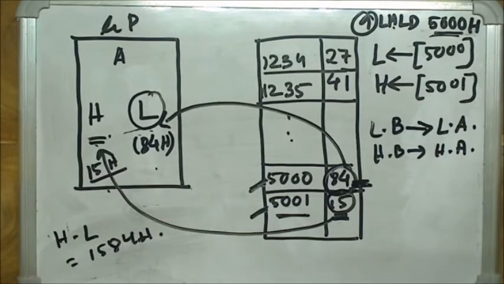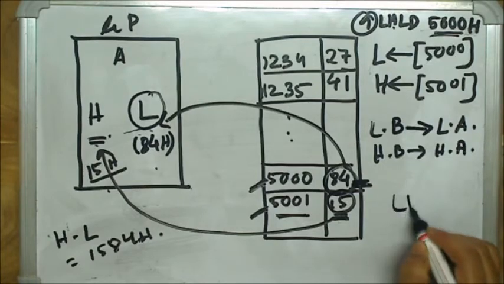Now you understand the difference. If the data is in memory, you have to use these instructions. If you want to access 8-bit data from a memory location, you use LDA.